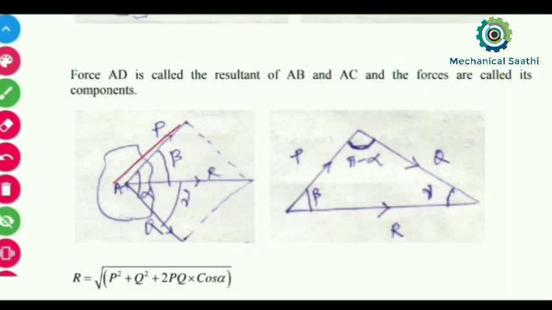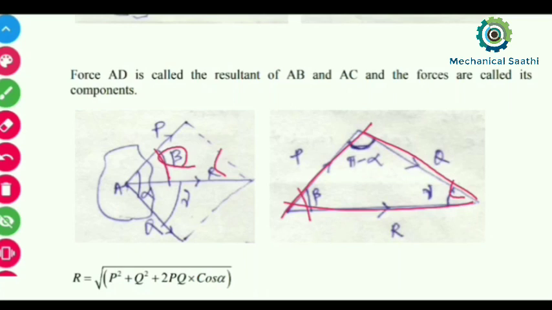This line will be constructed here, that is P, and again this line is parallel to this one, meaning the magnitude of this force will be equal to this one. So this will again be Q. We consider this triangle over here. This angle will be given by beta, and this angle will be gamma.